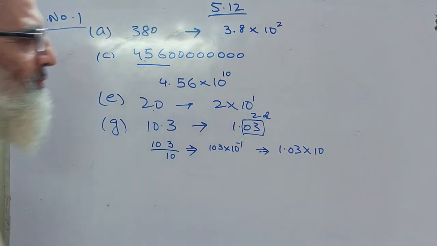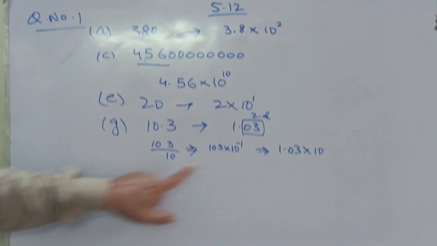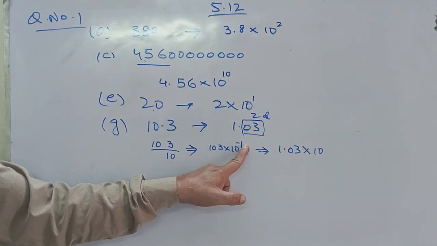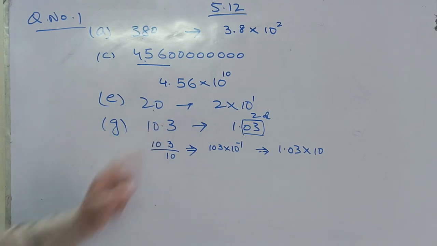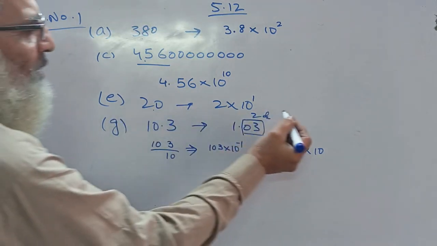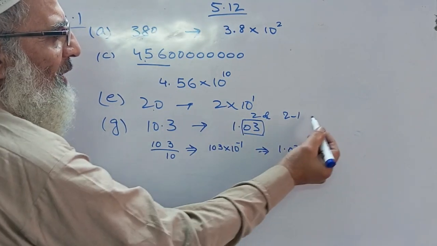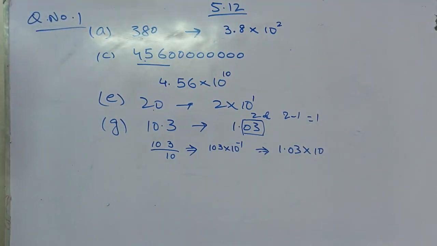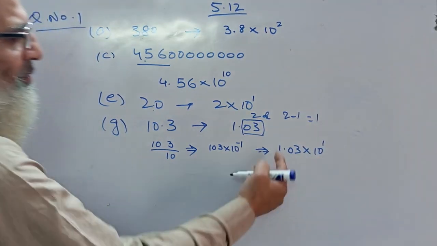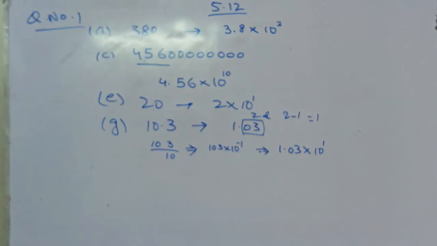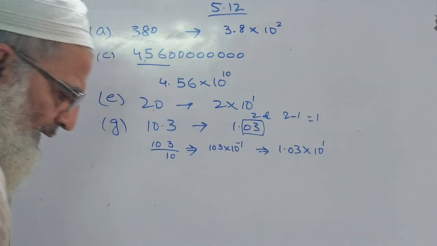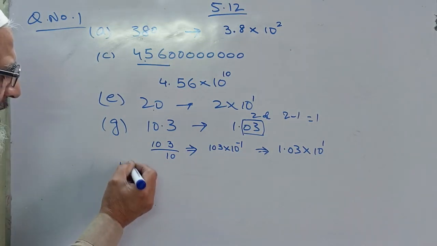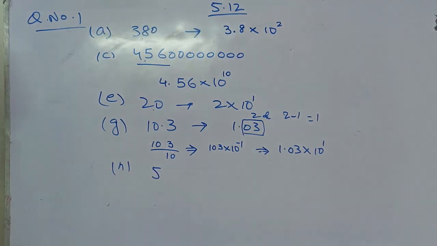But as I told you, we have to lose one zero because of this point. So 2 minus 1 will remain as 1. So it will become 1.03 into 10 raised to power 1. So this was question number 1. And of course there is another single word 5.